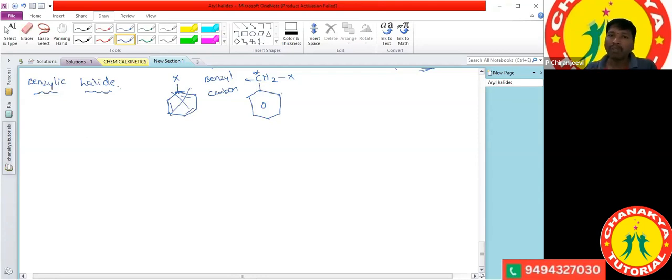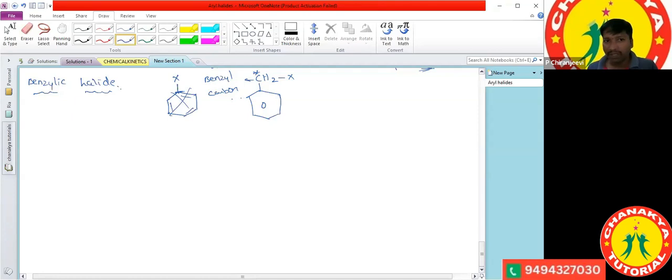If you know the exact position, you can easily find the answer. Even in NEET they give conversion-based questions. So first you have to know which one is the allylic position and which one is the benzylic position. The benzyl carbon is the sp3 hybridized carbon on the benzene ring that is attached with the halogen. Now you got the clarity?